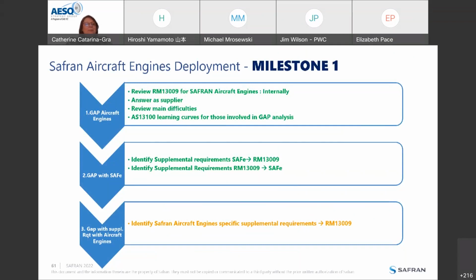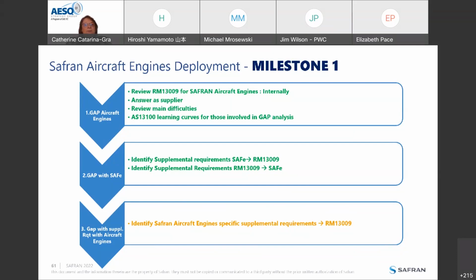So what have we been doing? At Safran Aircraft Engine, we have been doing the gap analysis ourselves, so reviewing the RM 13009 internally. We have been preparing our answer as a supplier, reviewing, of course, the main difficulties, putting an action plan in place, and, of course, starting the learning curves for those involved in that gap analysis. Of course, we have been working on our gap with SAFE.